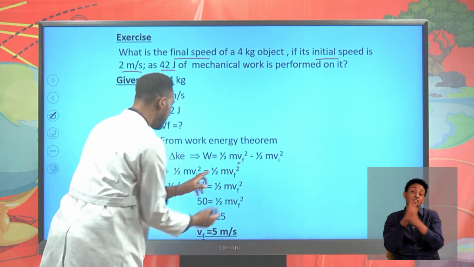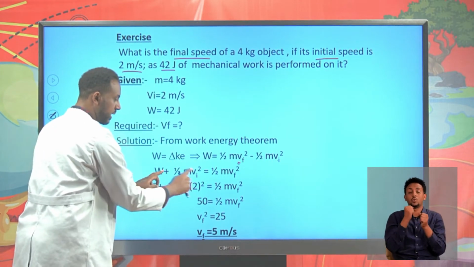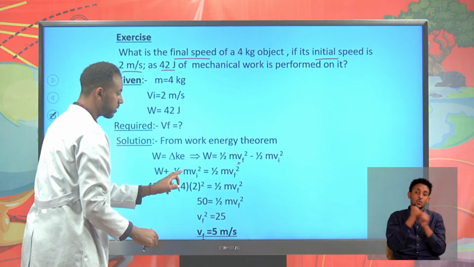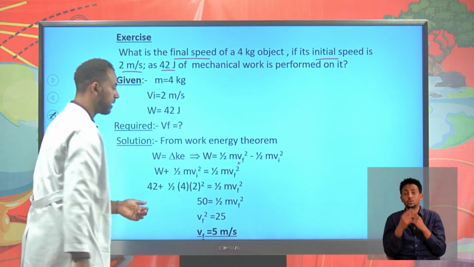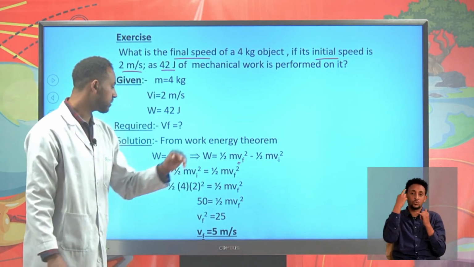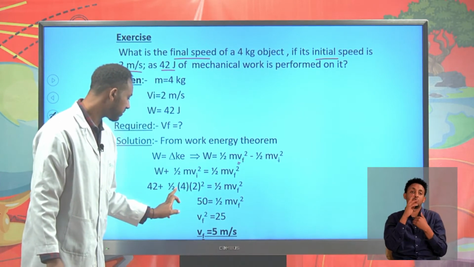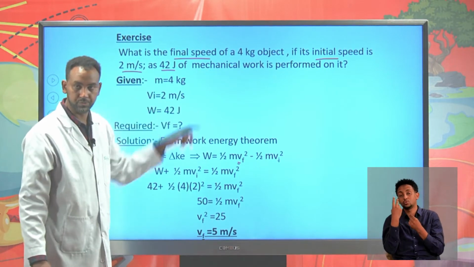The final velocity can be found as follows: when you shift this to the work side, it becomes positive. This is negative; when it comes here, positive. Work plus 1/2 m initial velocity squared gives us 1/2 m v final squared. Substituting all those quantities, we have 42 plus 1/2, the mass of the particle is 4, the initial velocity is 2, 2 squared.